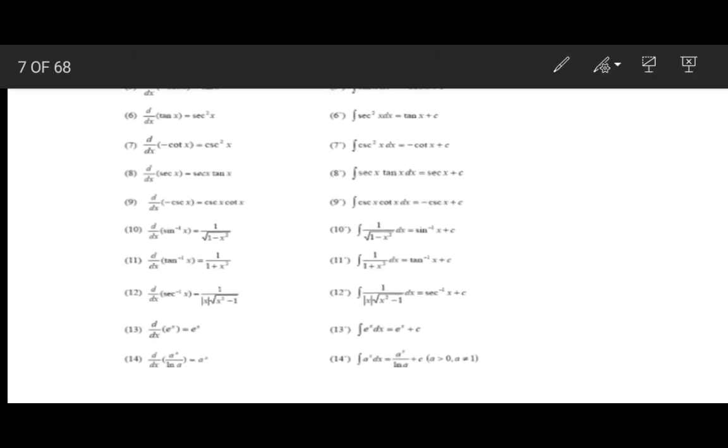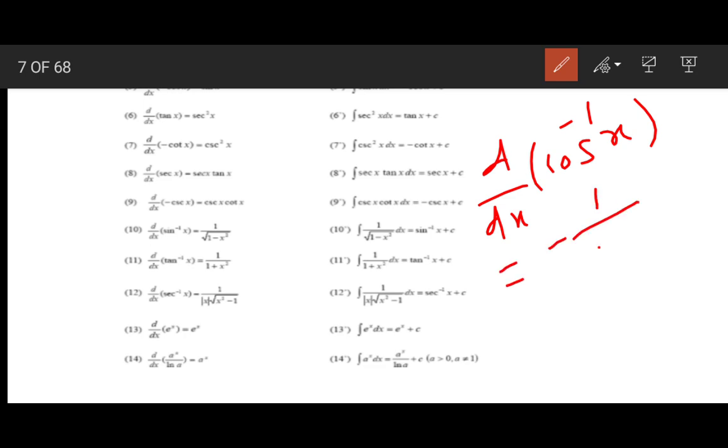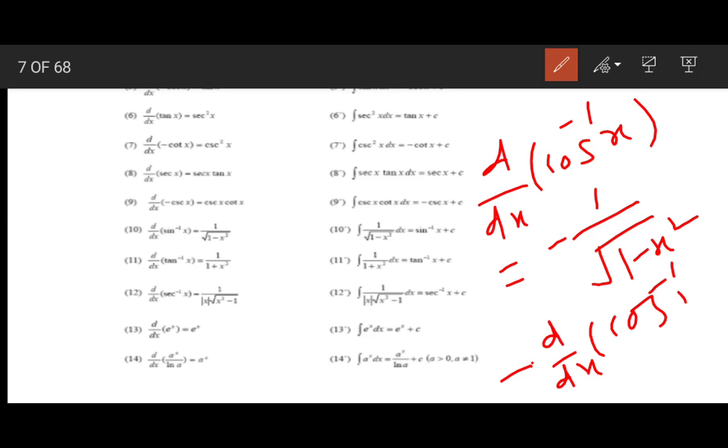Then the derivative of cos inverse x, we know, is equal to minus 1 upon under root of 1 minus x square. Now if I take the minus sign to the left hand side, minus the derivative of cos inverse x is equal to 1 upon under root of 1 minus x square.